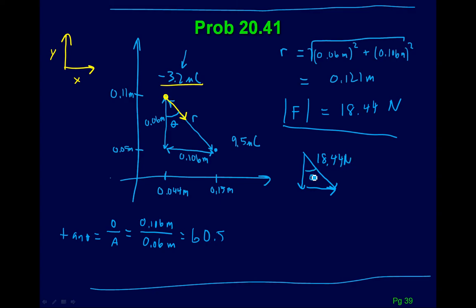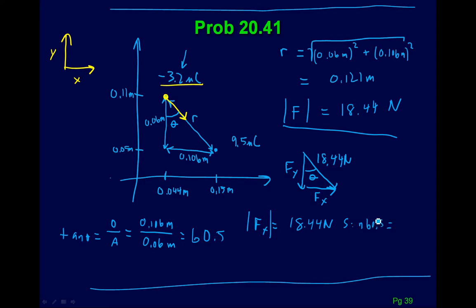This is my angle theta, that angle of 60.5, and I want to find my force in the y direction and my force in the x direction. My force in the x direction would be, at least the magnitude of it, 18.44 newtons, and now this is the side that's opposite the angle, so I'd want to say sine of 60.5.